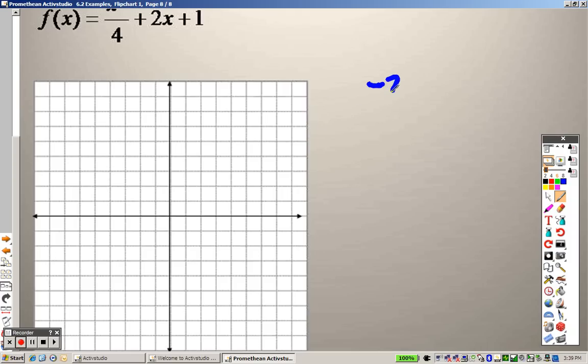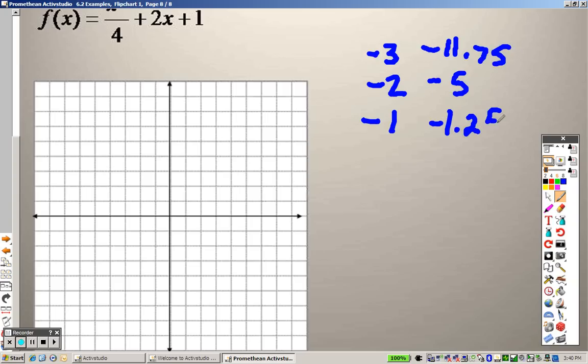I end up getting -2, -5. If you scroll up, right above that was -3, -11.75. You have -1, -1.25. You got 0, 1. You got 1, 3.25. You got 2, 7.